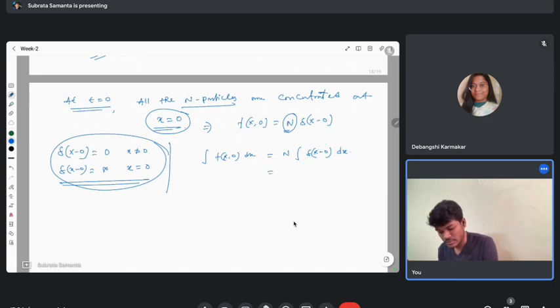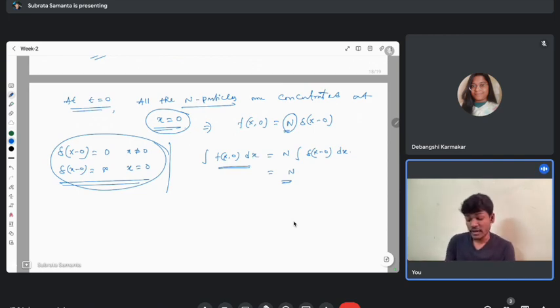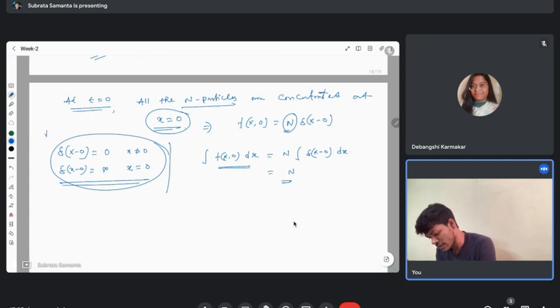So this gives you N. I will discuss this point. So it's clear: we are considering a mathematical function that is called the delta function.